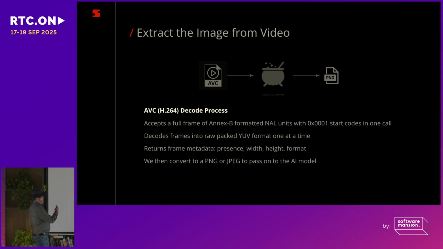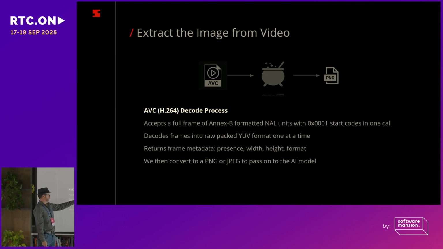So the extraction part, this is getting live video coming in and then extracting that and putting it into PNG, into a bitmap format, right? So that then the VLM can read it. So we're currently running a version of this that accepts H.264 ingest streams.